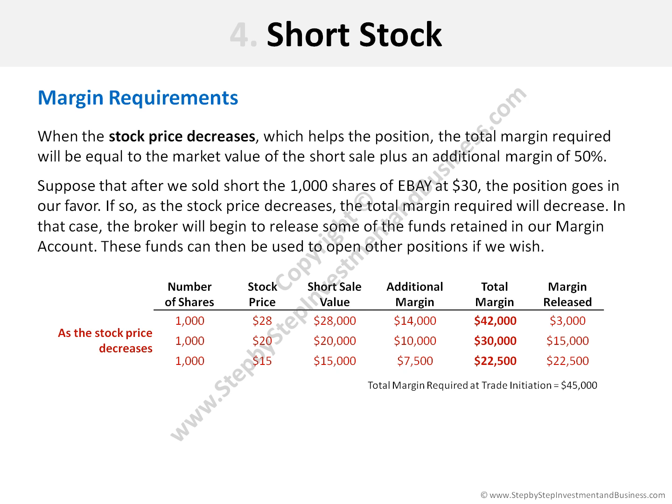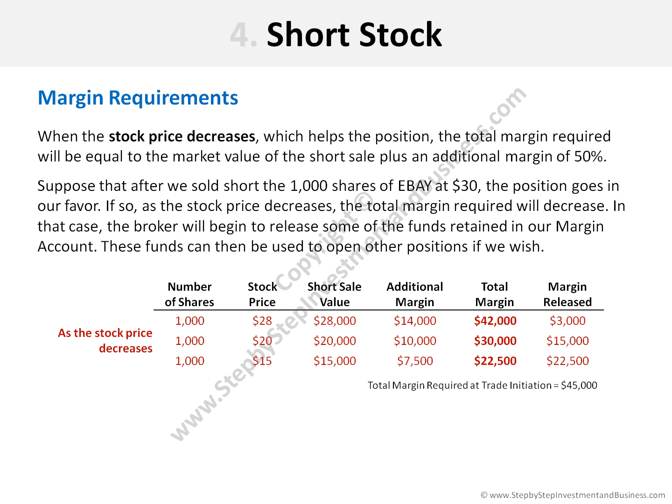wish. On the other hand, if the stock price falls to $20, at that time, the value of the short sale will be $20,000, and the additional margin will be the 50% of that value, that is, $10,000. Therefore, the total margin will be $30,000. As the total margin required at trade initiation had been $45,000, in this case, the funds released will be $15,000.